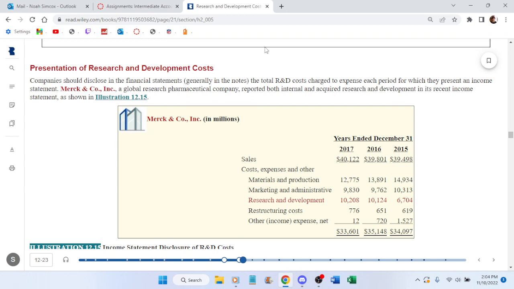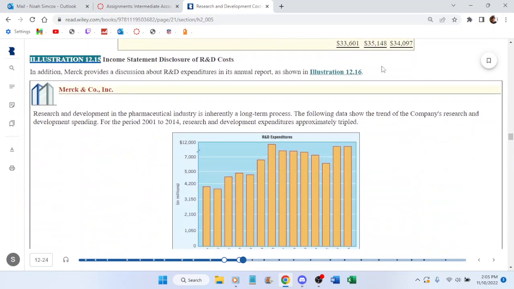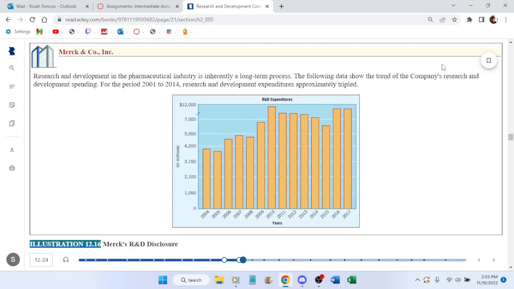We have 10,000, 10,000, and 6,000. In addition, they provide a discussion of research and development.